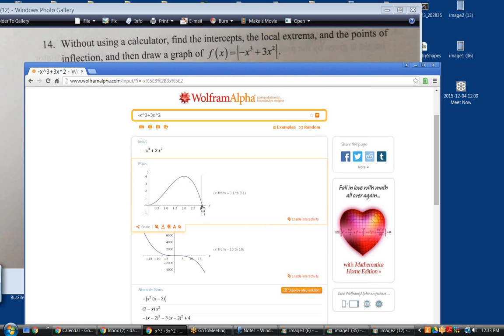Because there's a cusp, that is not concave up. And in fact, you can't differentiate across that point. So we never go back to concave up.